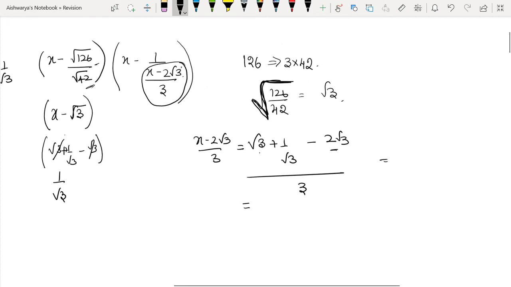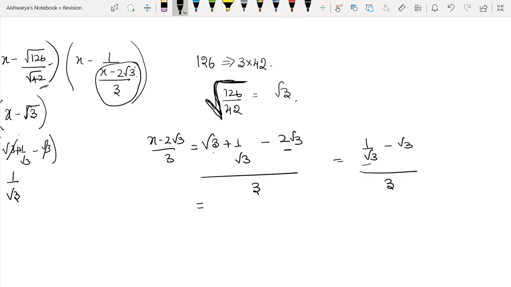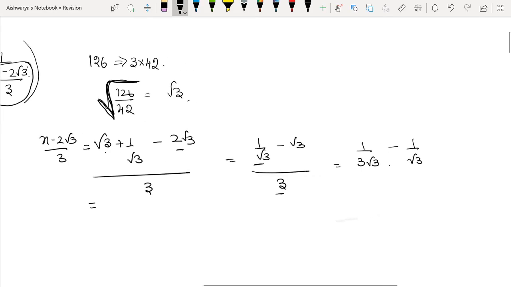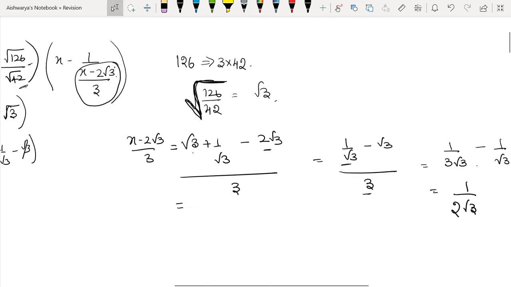It will become 1 by root 3 minus root 3, whole thing divided by 3. Now you divide each of these terms by 3. This will become 1 by 3 root 3 and this will become minus 1 by root 3. So when we simplify this, it will become 1 by 2 root 3. That is the result of this particular term alone.